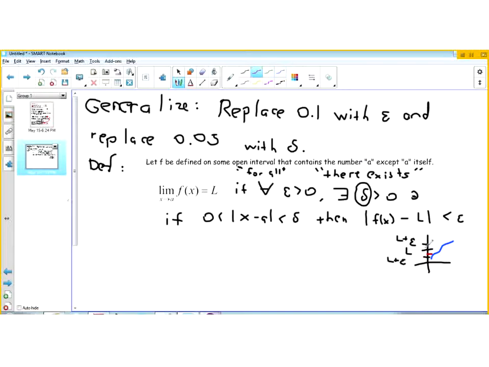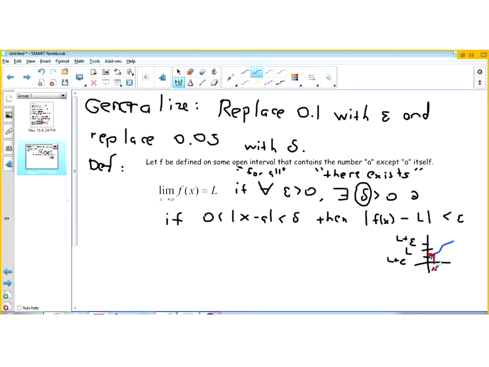I make this hypothetical choice for epsilon, and then I pick a y value on the interval from L minus epsilon to L plus epsilon. Then I ask, what value of x for the given function produces this particular output? Here's an x.